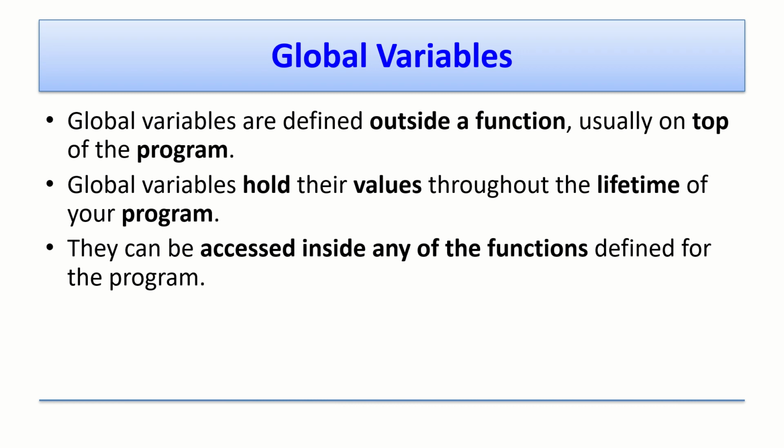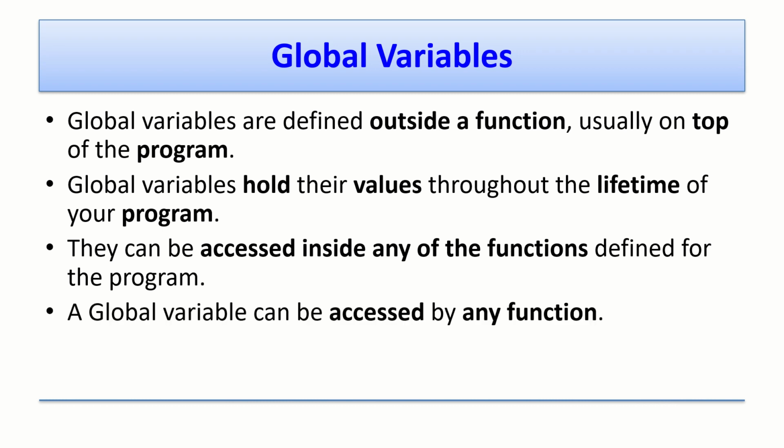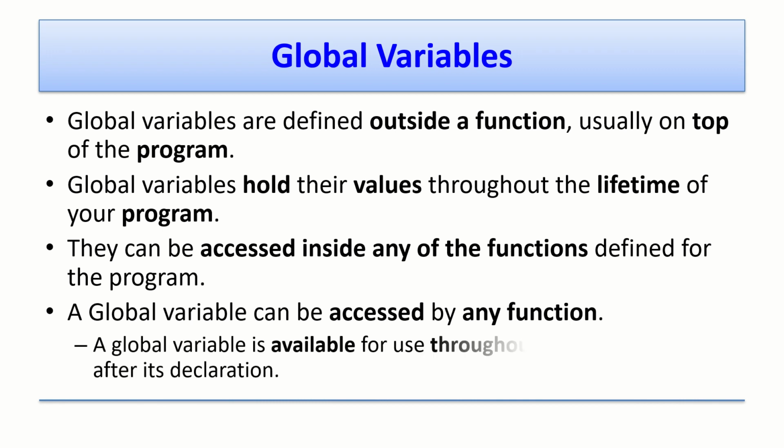Even though local variables are not accessible outside of their functions, global variables can be accessed inside any of the functions defined in the program, right? So we can say a global variable can be accessed by any function. A global variable is available for use throughout our entire program after its declaration, right?